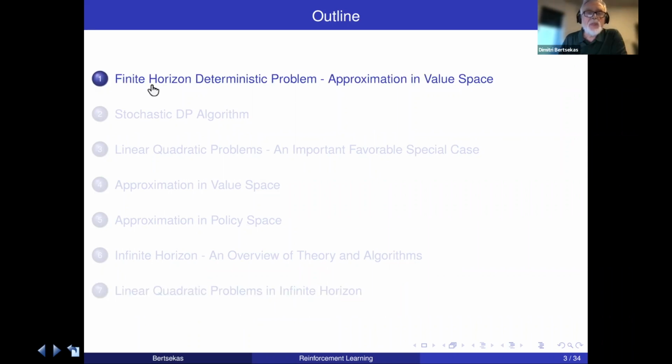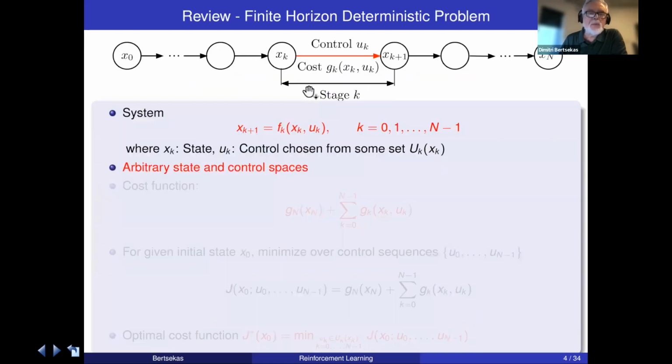Let's start with the finite horizon deterministic problems and a review. In the previous lecture, we defined this problem. It involves n stages, and the state of the system at stage k is denoted by xk. The control of the system is denoted by uk, chosen from some set that depends on xk.